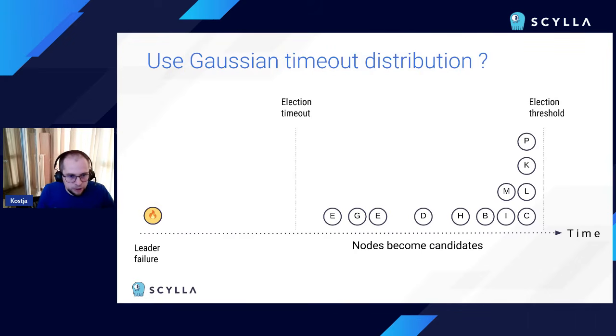So we spent some time looking at this issue, and we tried different approaches, one of them was to use a Gaussian distribution of the timeout. Unfortunately, it does help for medium-sized clusters, but it still suffers from the same issue. As you get more nodes, you pack that interval between election timeout and election threshold, and you have split votes. And if you just increase the election threshold and randomize even more, you increase unavailability of the cluster.